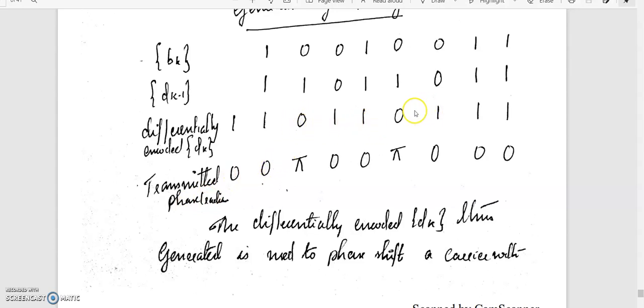Wherever I have 0, the transmitted phase is pi. So corresponding to all the ones, my transmitted phase is 0. Whenever I have 0, we advance the phase by 180 degrees, so you have pi. All the ones have transmitted phase 0 and all the zeros have transmitted phase pi.